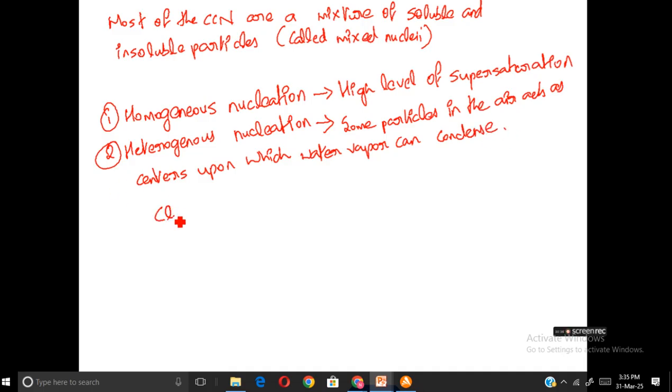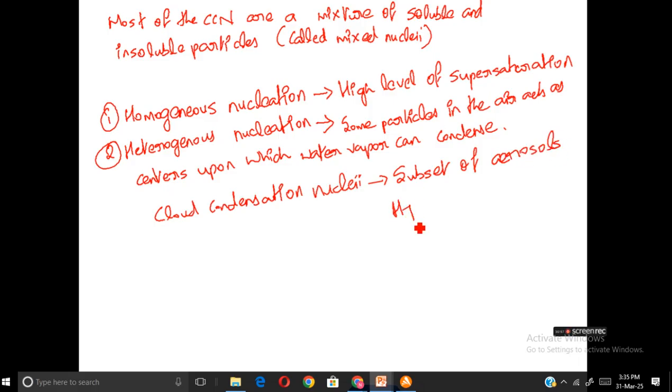And these particles are known as cloud condensation nuclei. So this is basically a subset of aerosols, namely hydrophilic aerosols. That is, water-loving aerosols. Generally, the hydrophilic aerosols act as cloud condensation nuclei.